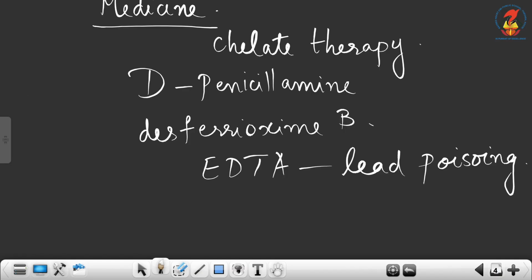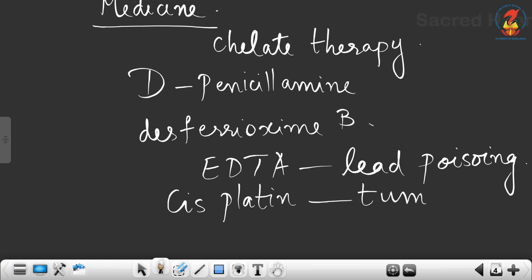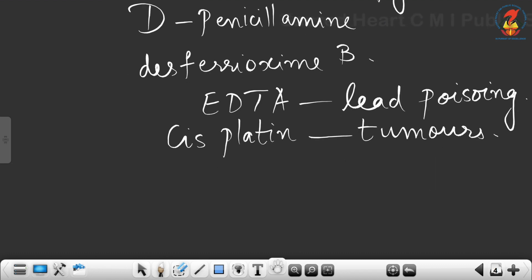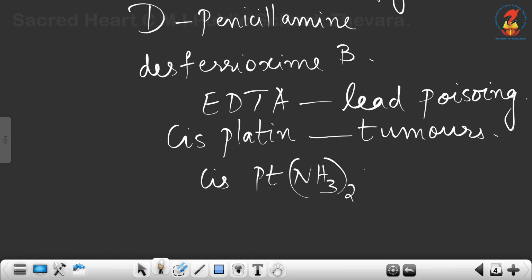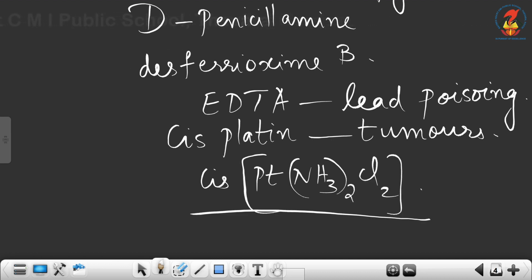Now, next is cisplatin, another coordination compound. It's used in the treatment of tumors. And the cisplatin formula is cis-[Pt(NH3)2Cl2].